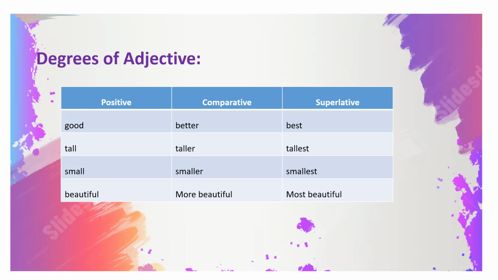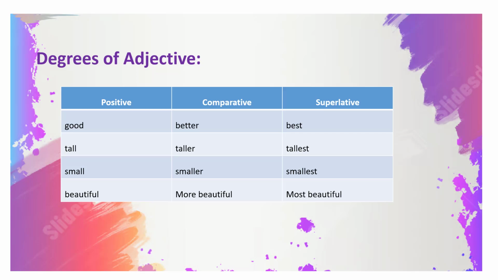For example, we can say that Ahmad is better than Ali. Ahmad is better in studies than Ali. Superlative degree is basically used to compare one person with the rest of the people, one thing with the rest of the same things, and one place with the rest of the places. For example, we can say that Ali is the best student in his class.